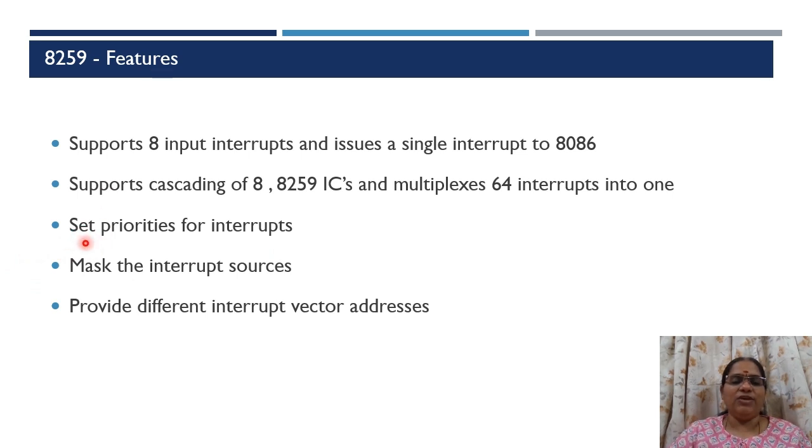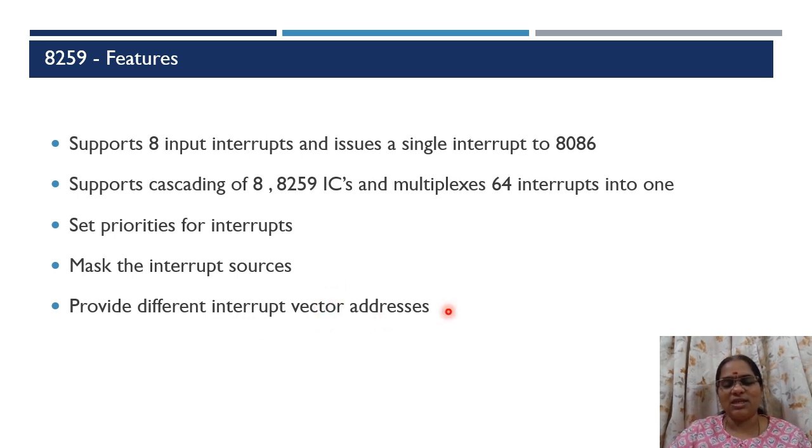So the features are that we can set the priority of the interrupts. When you take a simple configuration where you have 8 interrupts, out of the 8 interrupts you can set priorities for the interrupts or mask a particular interrupt, and you can store the interrupt vector address. The interrupt vector address is the address at which your service routine for a particular interrupt is stored.